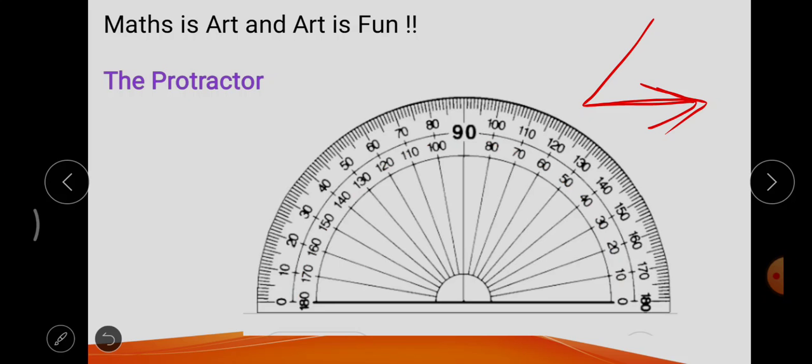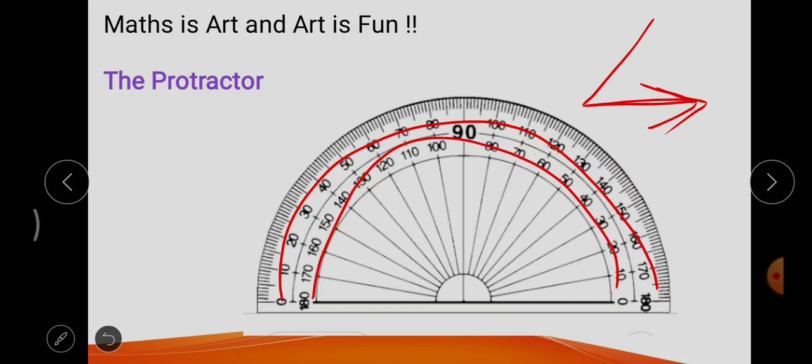Before that I would say that you can see the zero mark at both the ends, right? One is on the top, that means the same measurement is there on the top as well as below. So this is called the angle set of the protractor.